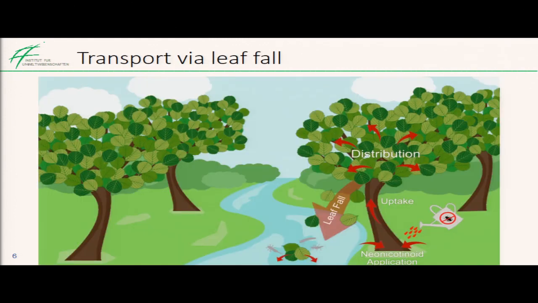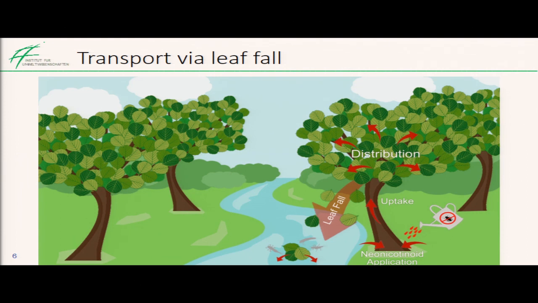Now, as I said, the substance is taken up in the trees, in the foliage, into the leaf litter, and during autumn, leaves usually tend to fall, enter the terrestrial ecosystem and then aquatic ecosystems. As you can see on the bottom of the slide, this leaf material is then a kind of energy source for leaf-shredding organisms.